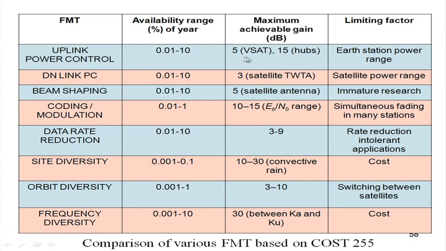That is uplink power control. You get different values based on the different sizing of the terminal. For downlink power control, normally on satellites, you put in a 3 dB gain advantage. But the disadvantage, as we have discussed earlier, is that during normal operation, that is non-fade duration operation, you will be operating at much lower backoff.